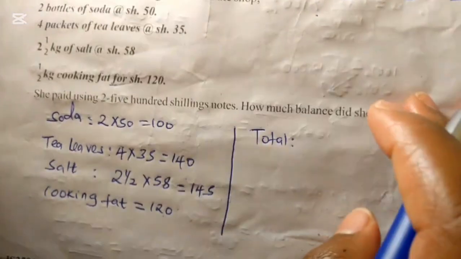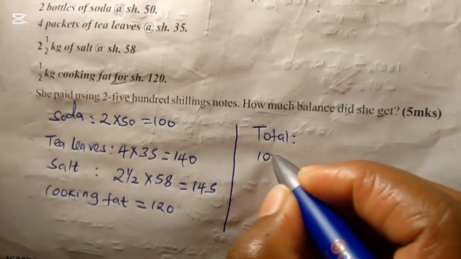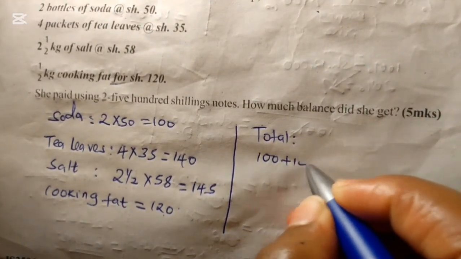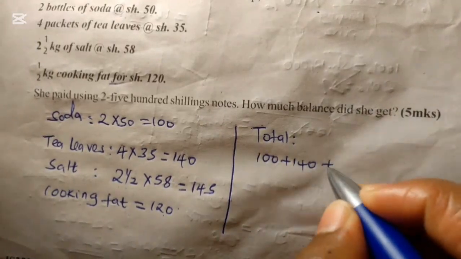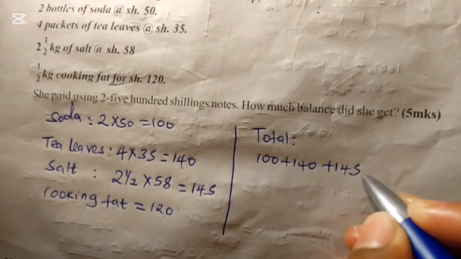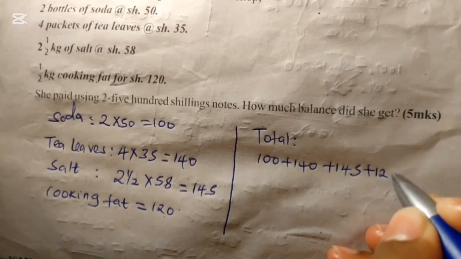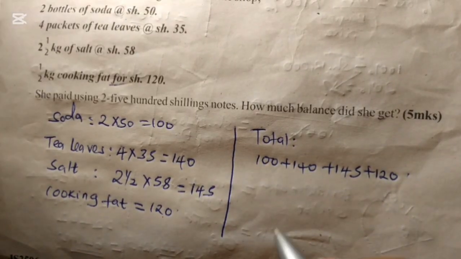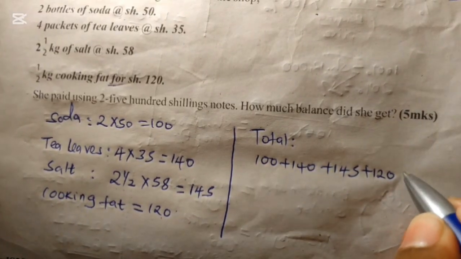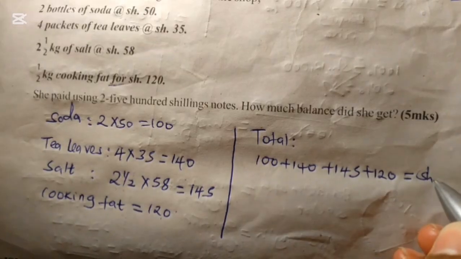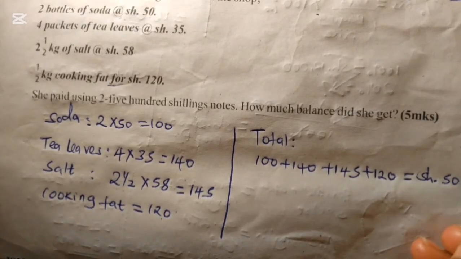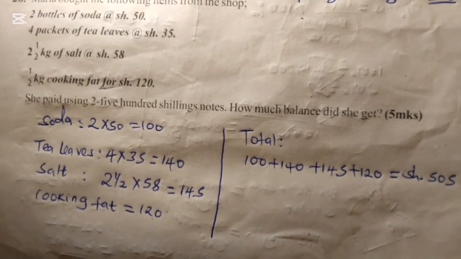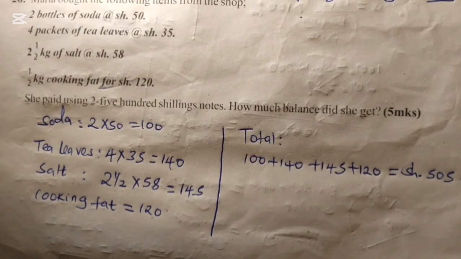The total will be 100 shillings plus 140 plus 145 shillings plus 120 shillings, and all these should give us 505 shillings total cost.